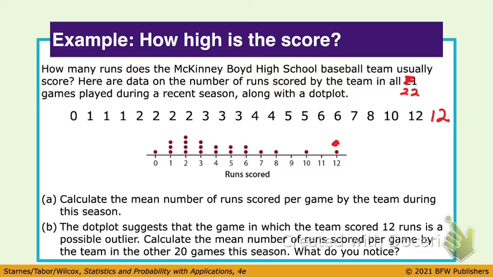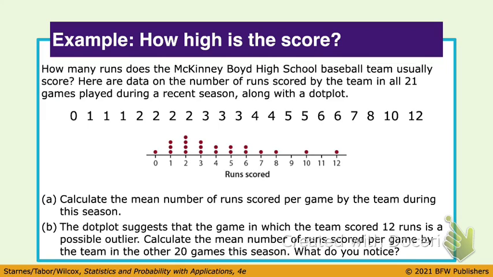The mean would then have been, we would have had to add up all those numbers and divide by 22. Did you take off both 12s or just the one? It told us to just take off the one 12, but if it told us to take them both off, we would take them both off. It just depends on what the problem's asking you to do.